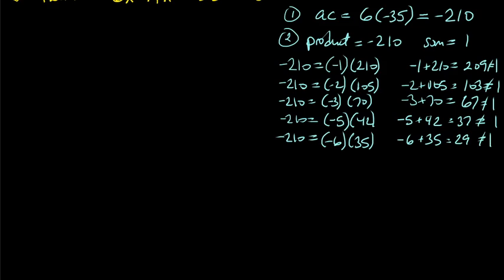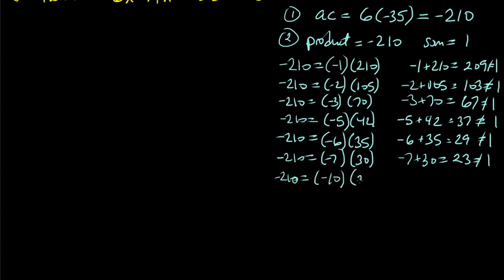Okay, so how about negative 7? Negative 7 times 30 is negative 210. Negative 7 plus 30 is 23. Nope, not there yet. So can we divide by negative 8? No. Negative 9? Nope. Negative 10? Yes.